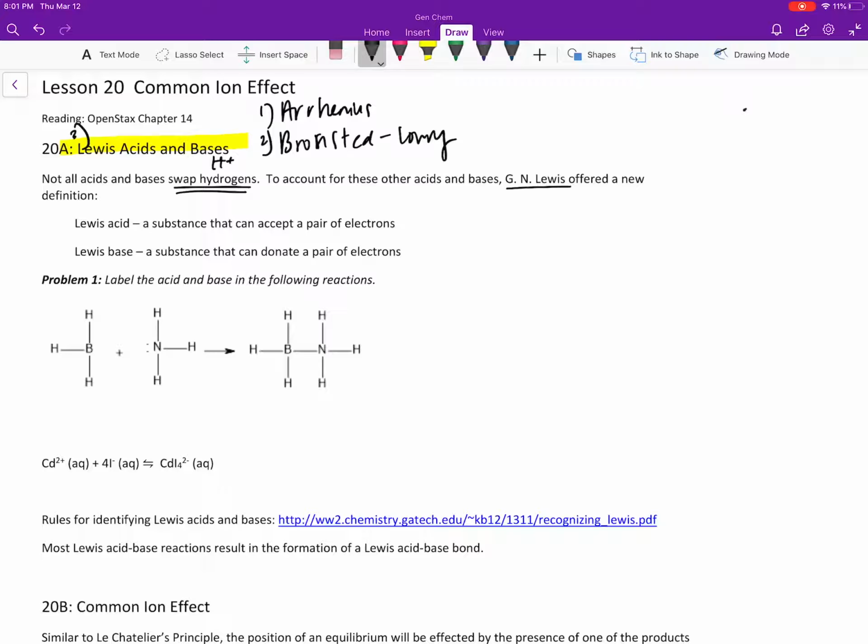A Lewis acid is a substance that accepts a pair of electrons, a lone pair, whereas a Lewis base is a substance that donates the electrons, the lone pair. Just like in redox, where electrons are transferred, this is very similar.